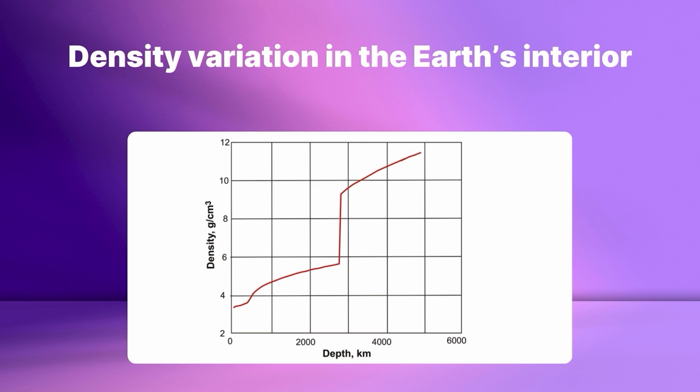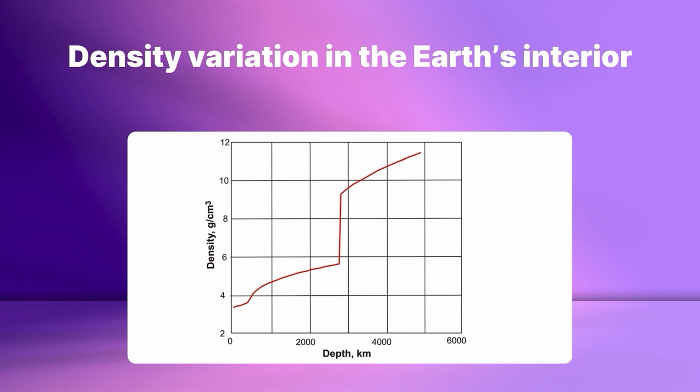Up to 35 kilometers there is a gradual rise, but after 35 kilometers you have the mantle, and there is again a rise of density, and this rise is consistent and goes on increasing till the mantle depth. Mantle depth is around 2886 kilometers.